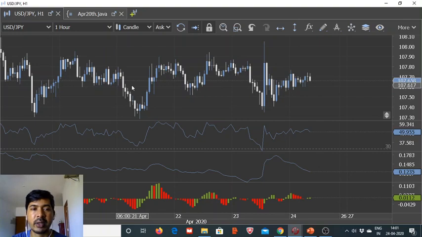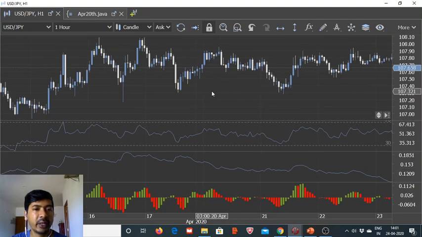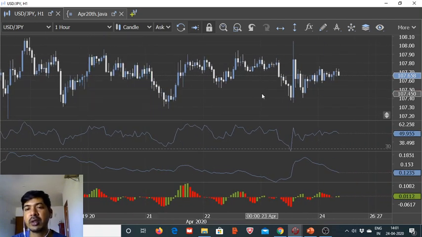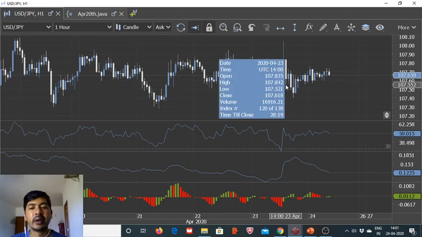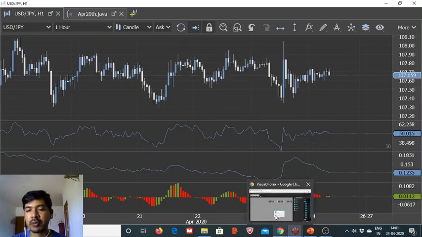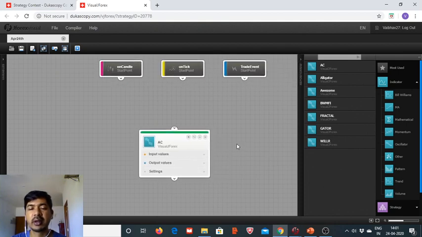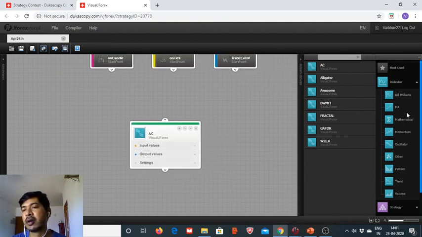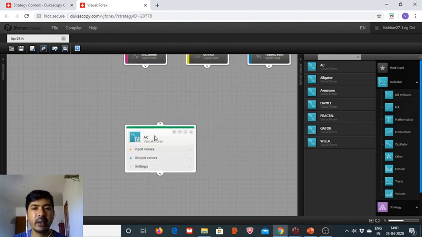So that will be the combination with which we will be working in today's session. So let us get back to the work. For that we will need the setup of the RSI, the acceleration and deceleration oscillators, and of course the ATR as well. So let's get started.